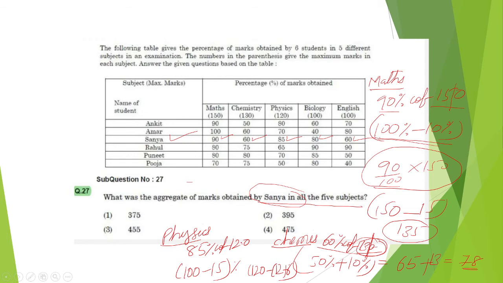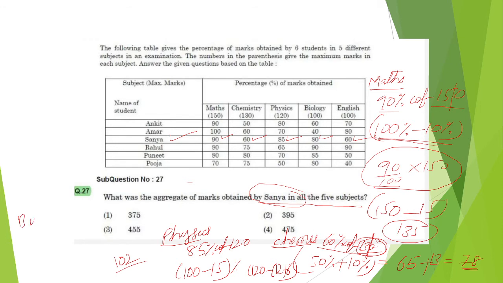Okay, 10 percentage is 12. What is 5 percentage? Half of 10 percentage. That means 12 plus 6, 18. 120 minus 18, how much? 120 minus 18, 102. Yes, okay. Physics she got 102.